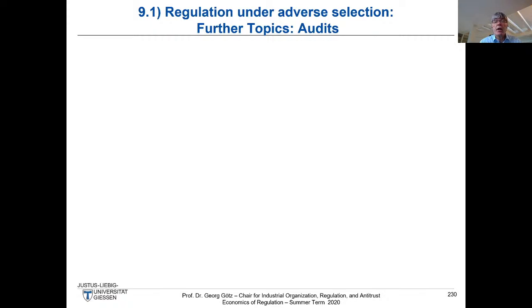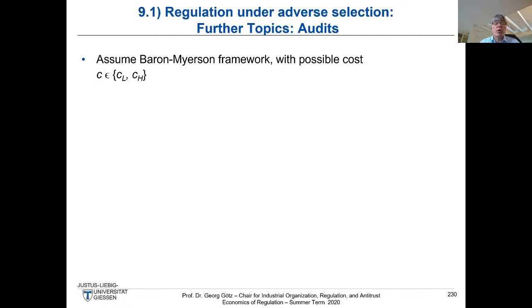Now, I'm done with this rather heavy topic on regulation under adverse selection. The next part will be just two or three further topics or refinements, where we start with audits.